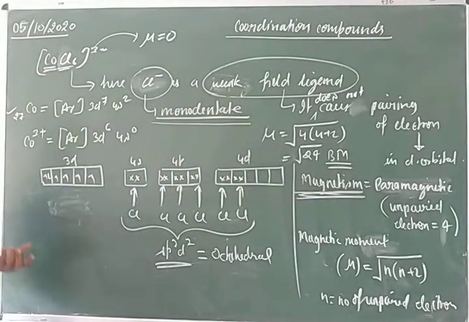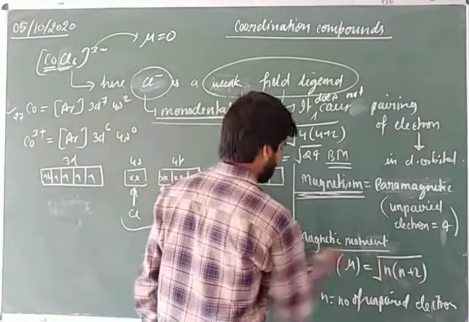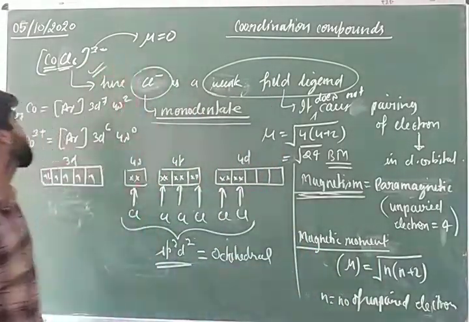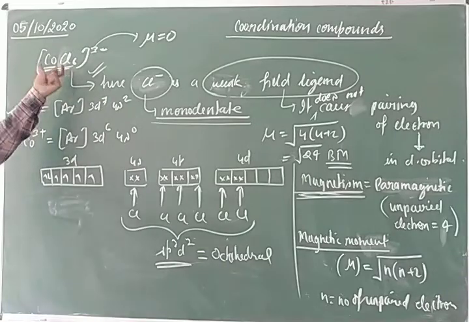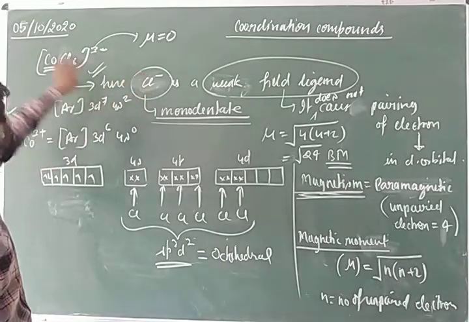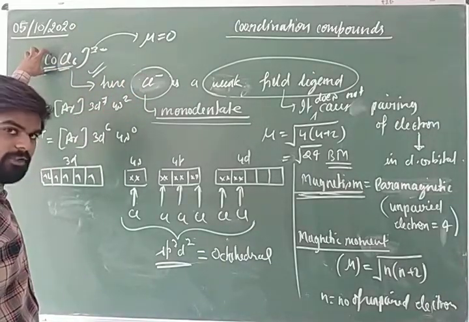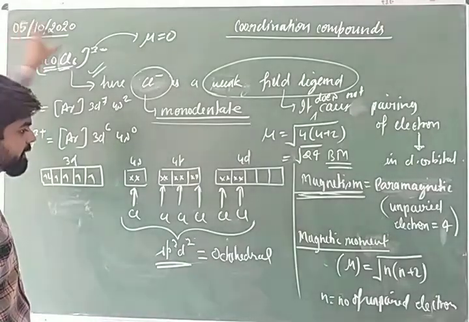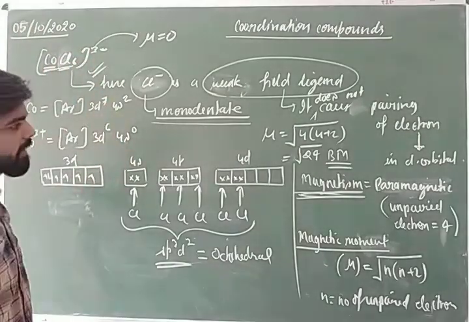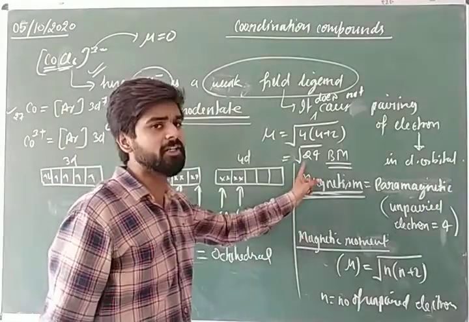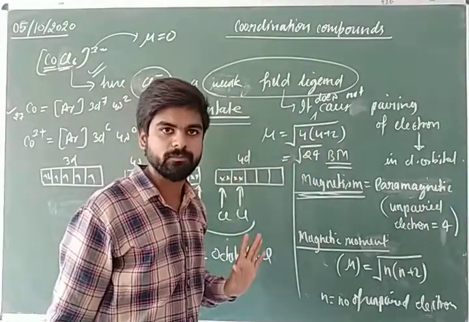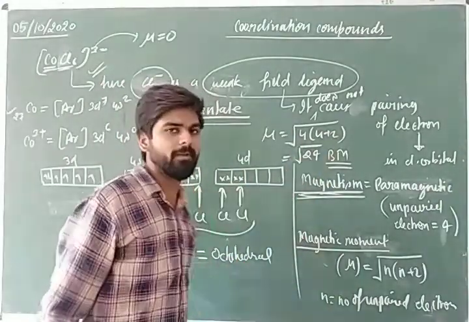So simply you can see the magnetic moment of this complex, where the weak field ligand chloride is coordinated with cobalt, will be under root 24 Bohr magneton.